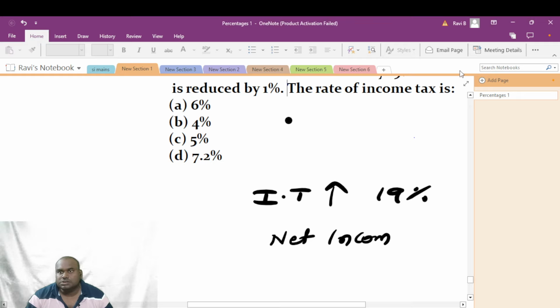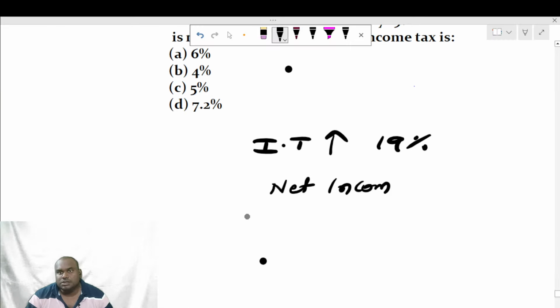So what is the final equation we got? Income equals 20 times income tax.